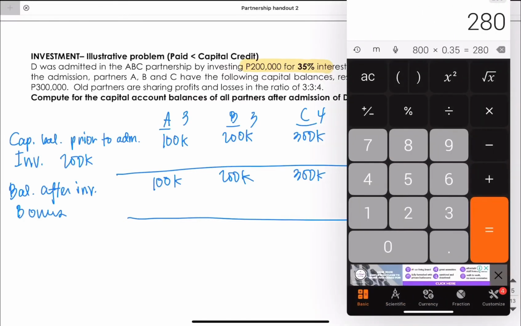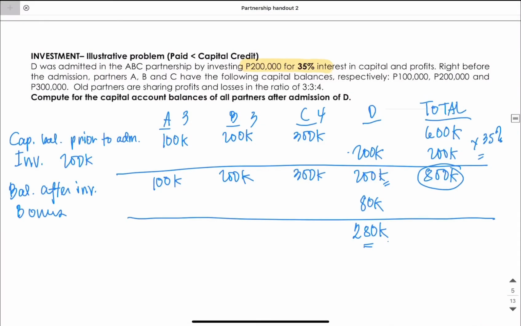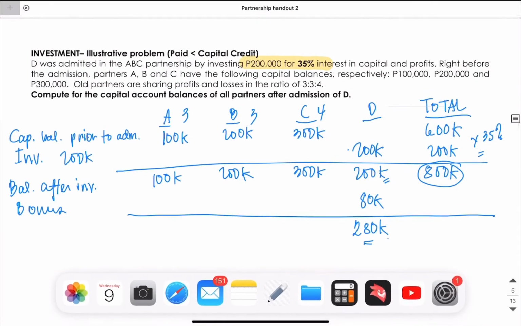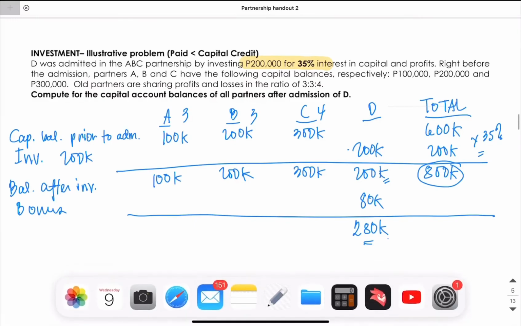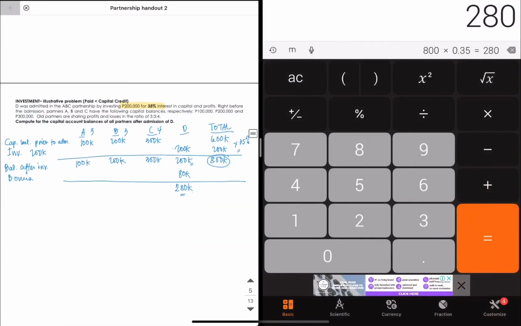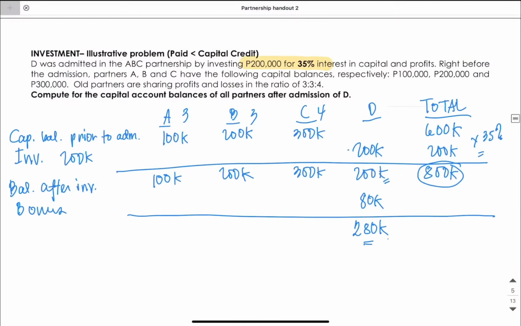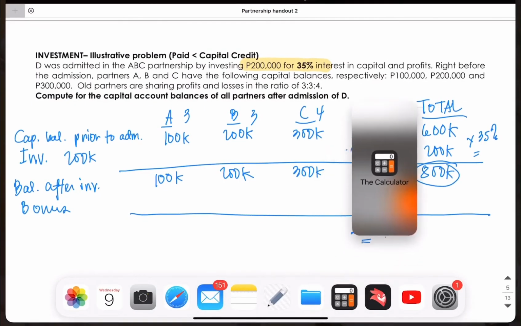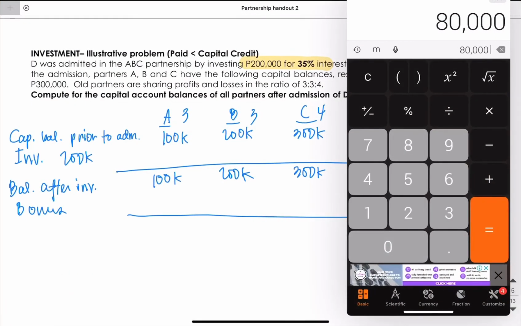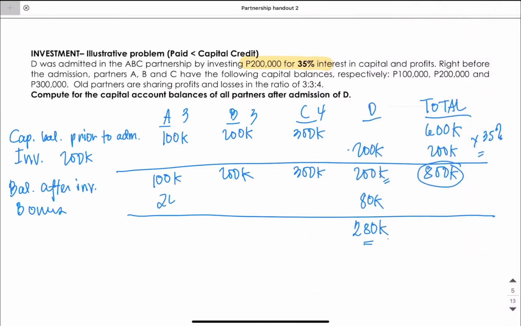So 80,000 times 30%, that is 24,000. But in this particular problem, it's a deduction because it's a bonus from old partners. 24,000 again.